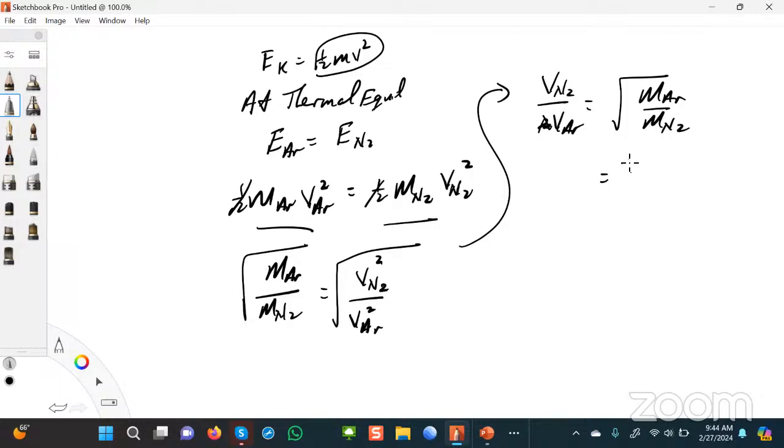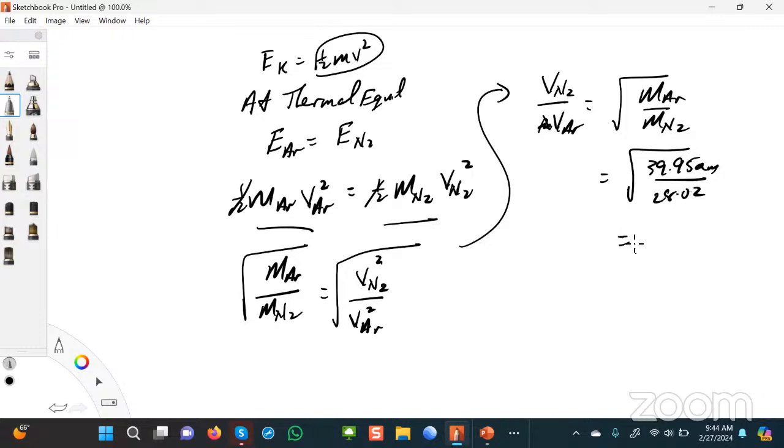In the case of argon, the molar mass is 39.95 AMU. And the molar mass of nitrogen is 2 times 14.01, which is 28.02.